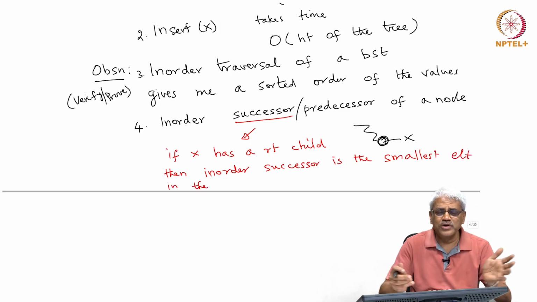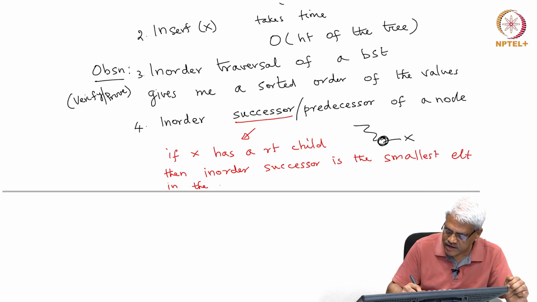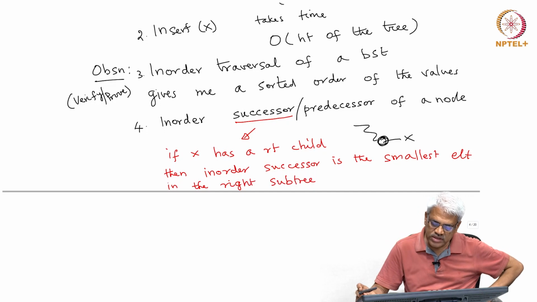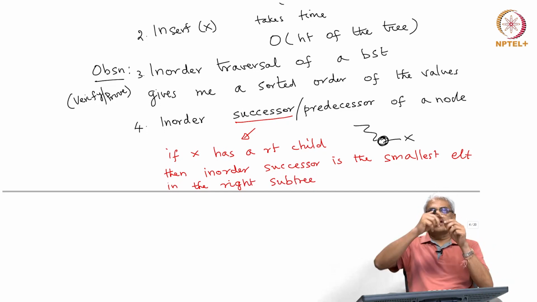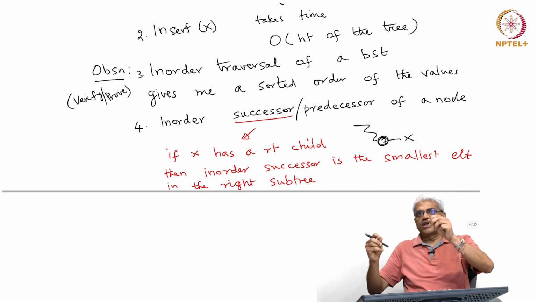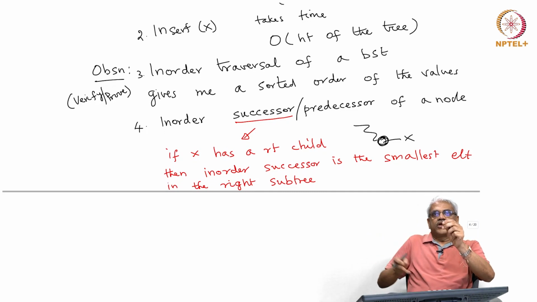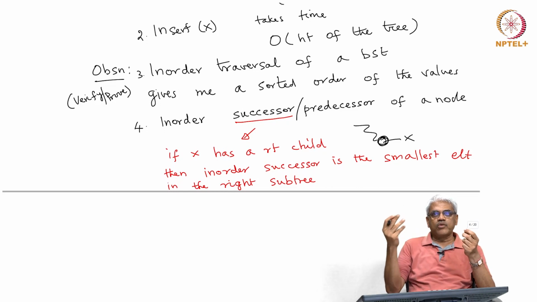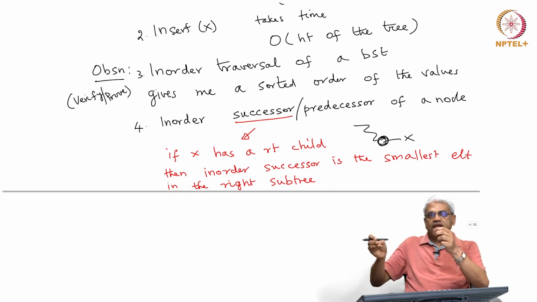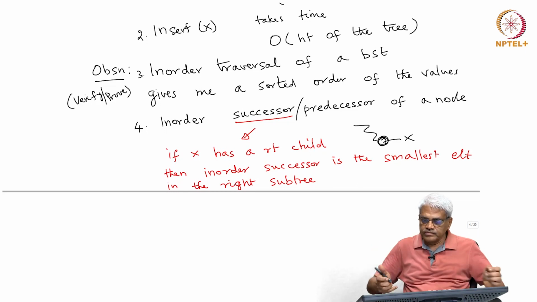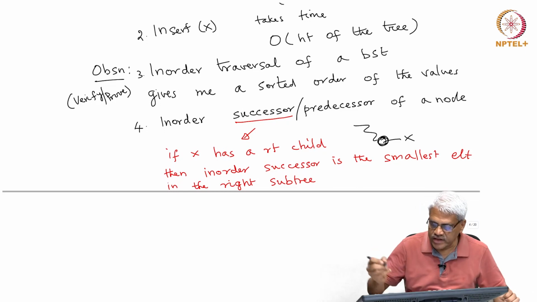Why am I talking about in-order successor? It will be clear later when I talk about something else. So how do I find the smallest element in the right subtree? I just go to the right child and go left, because by the search tree property, the smallest element will be in the leftmost leaf of the right subtree. You can find that.